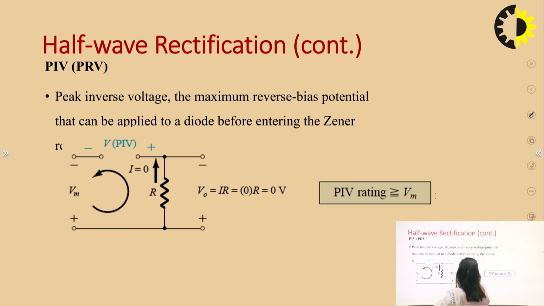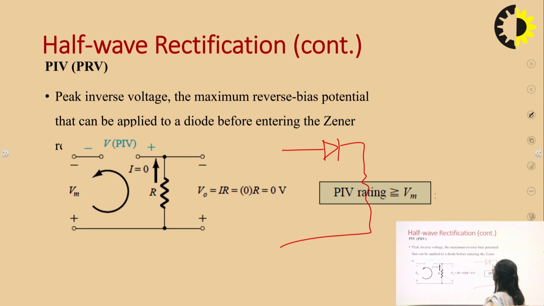This diode will be in reverse bias only in the negative half cycle. In the negative half cycle this side will be minus and this side will be plus, and this is our PIV. We can apply KVL here and find that the PIV value is equal to Vm. So this is the PIV value in the case of the half wave rectifier.